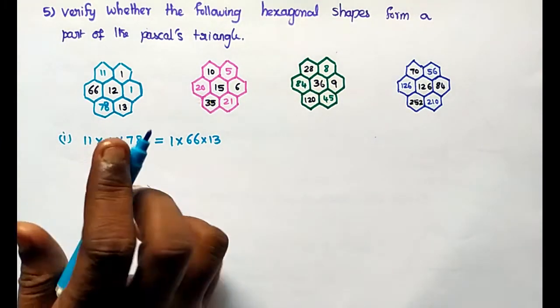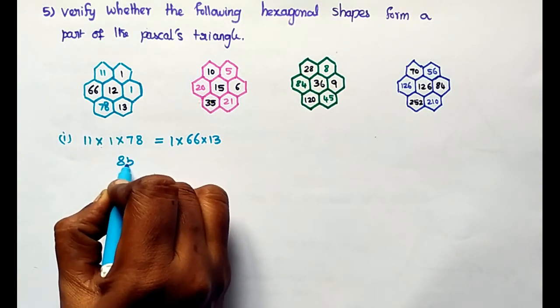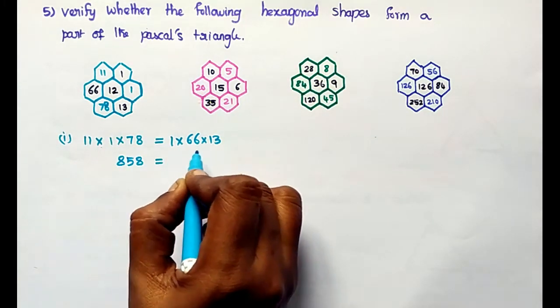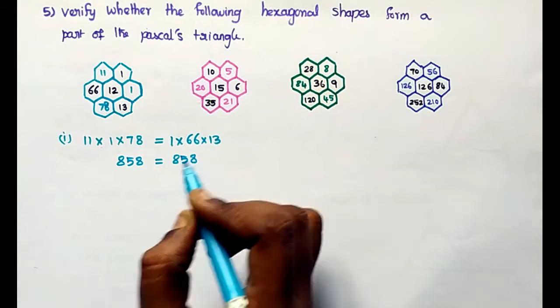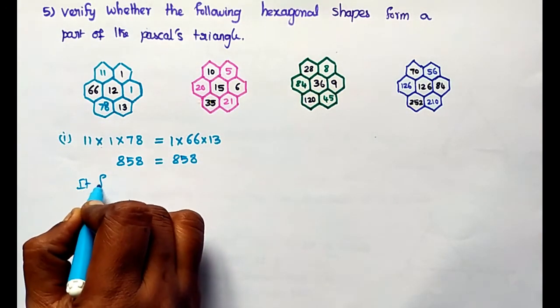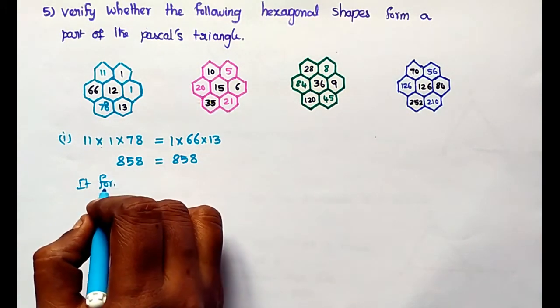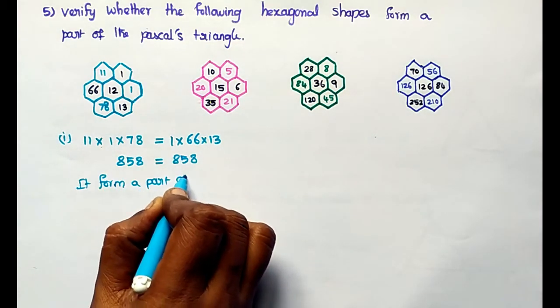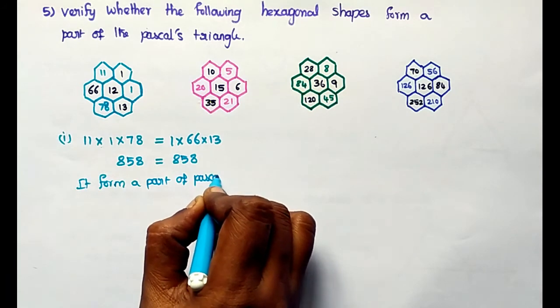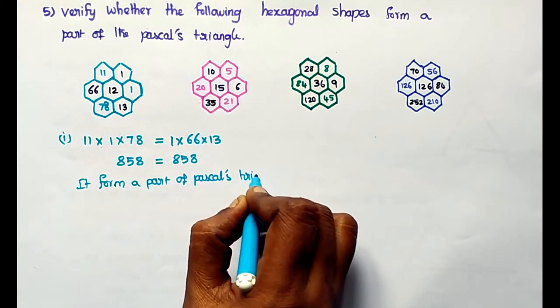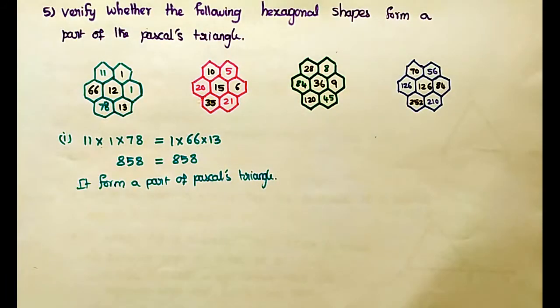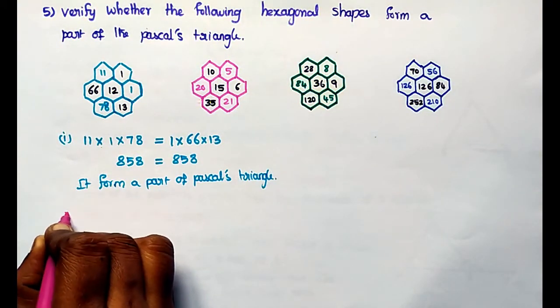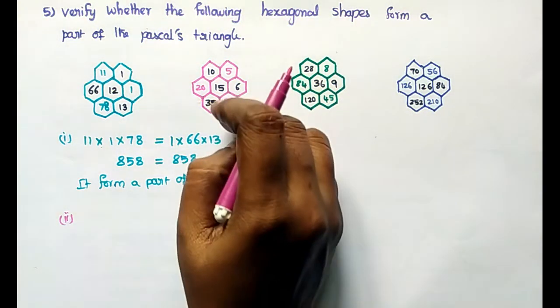Multiply, we get 858 here and here also 858. So it forms a part of Pascal's triangle. That is the answer.